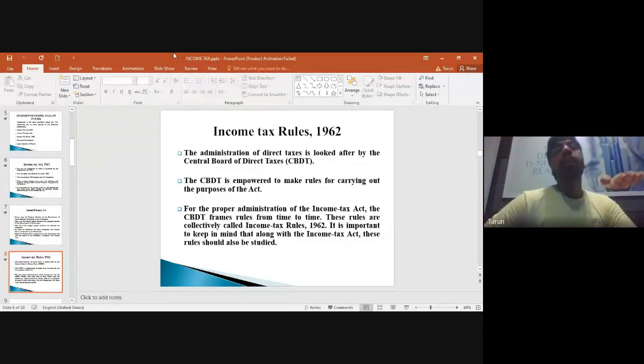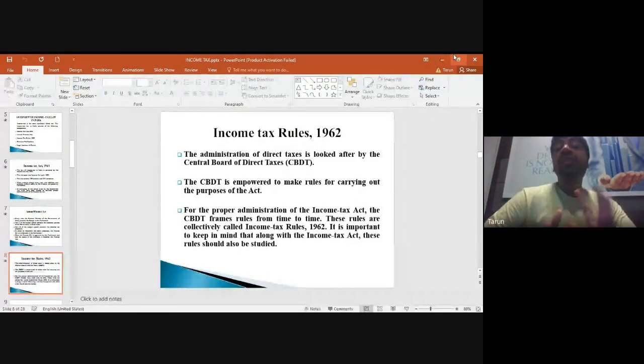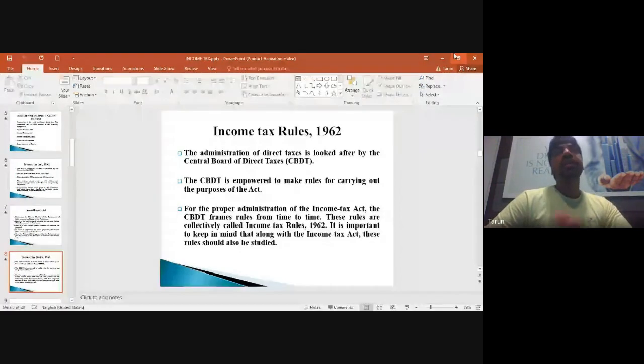For the proper administration of the Income Tax Act, the Central Board of Direct Taxation frames rules from time to time. It is their responsibility to make the rules, amend them, re-amend them, edit or delete them according to the time period whenever the need arises. These rules are collectively called the income tax rules.